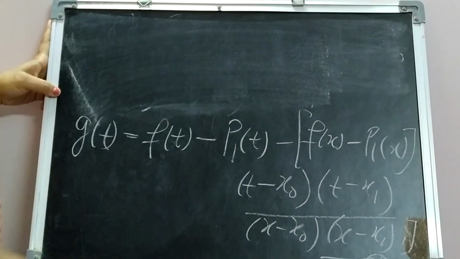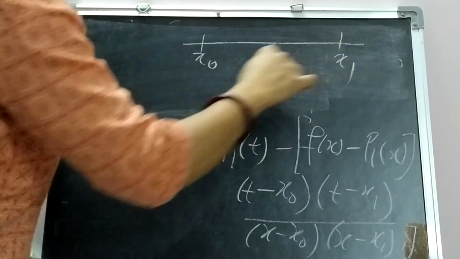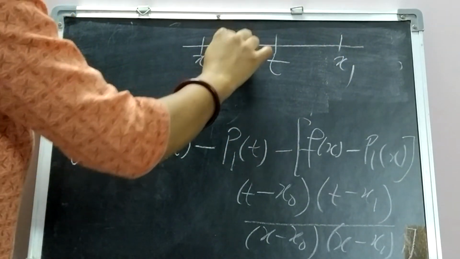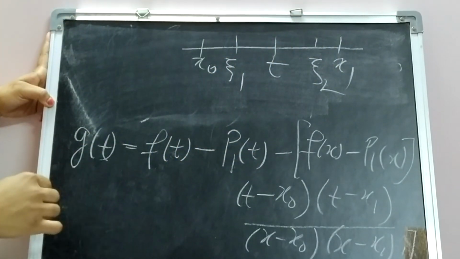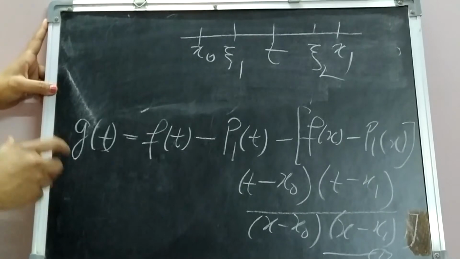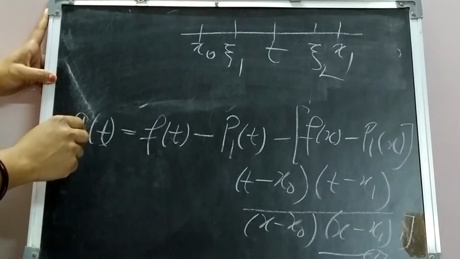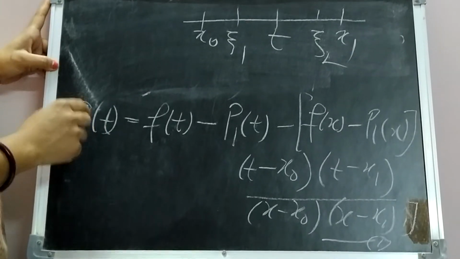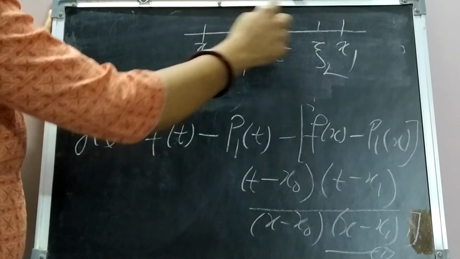Why on the interval xi1, xi2? Let us see. This is x0, this is x1. Suppose here is t, here we have taken xi1, and here we have taken xi2. Right. So we want to see that g'(t) is a function which also satisfies the condition of Rolle's theorem.